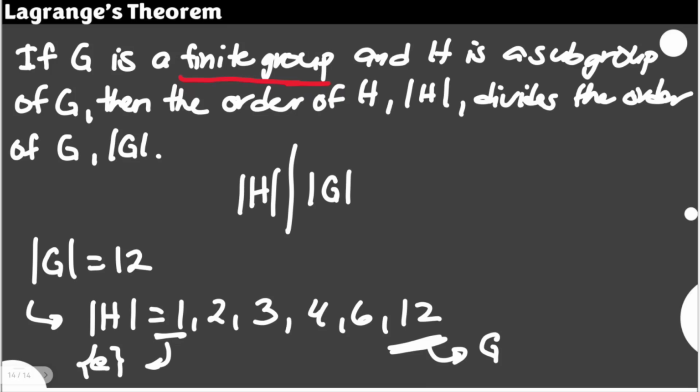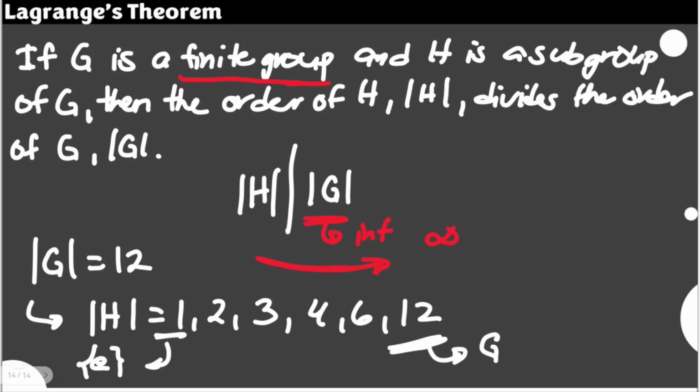For infinite groups, the order doesn't necessarily matter, because if G is infinite, then its order is infinity. So there is no specific number that can divide infinity. There are no factors for infinity, for infinity is not necessarily identified at this point.